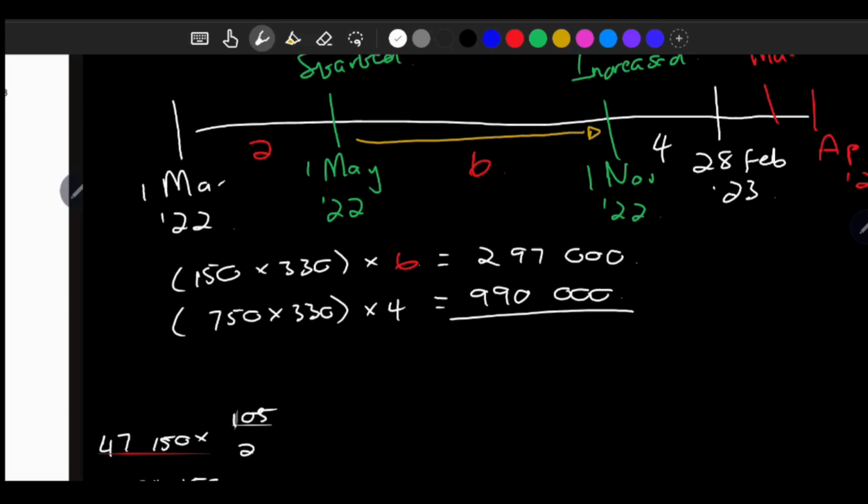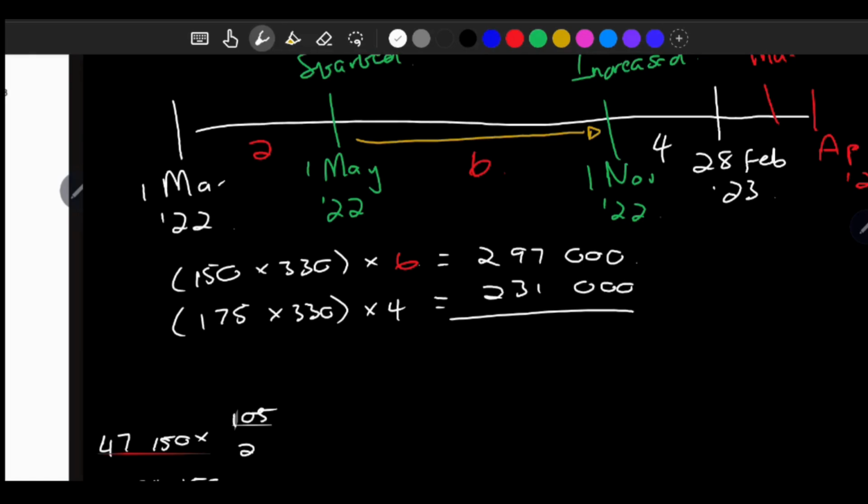And once you add those two, you will then get, why are my calculations looking very different here? Alright, so it's one, oh no, not 750, 175. Yes, my apologies, 175, and then that will give us 175 times 330 times 4, which will give us 231,000, right?